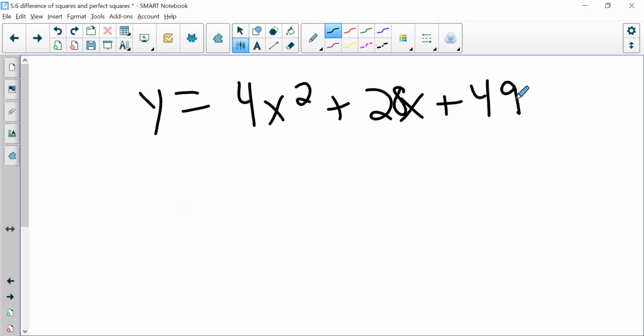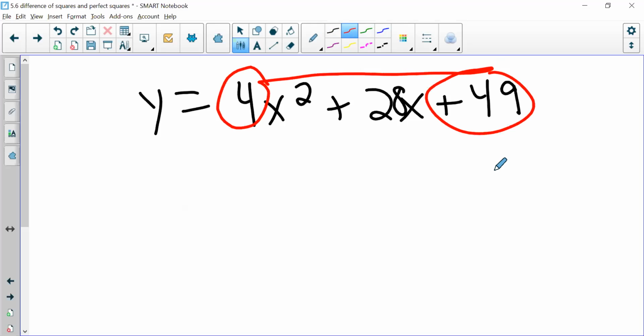It is a trinomial. A does not equal 1. According to my factoring flowchart, I have to do the a times c method. What's 4 times 49? 196. All right, what factors of 196 give me 28?